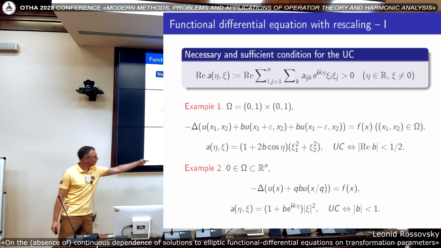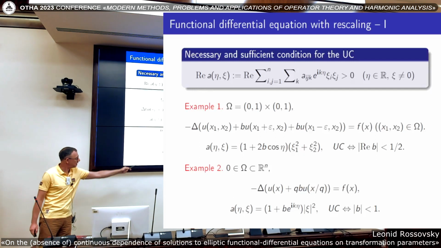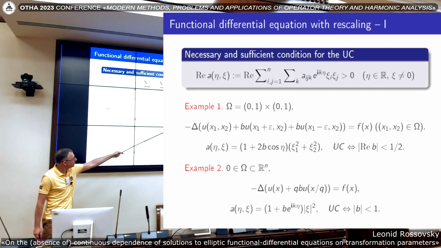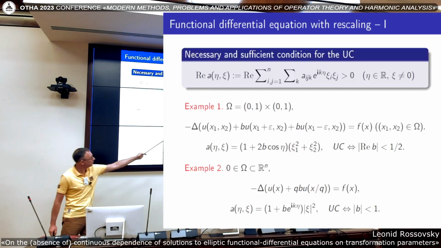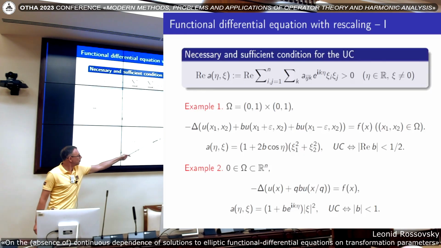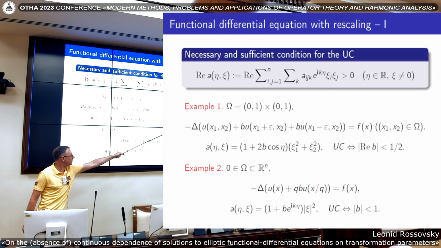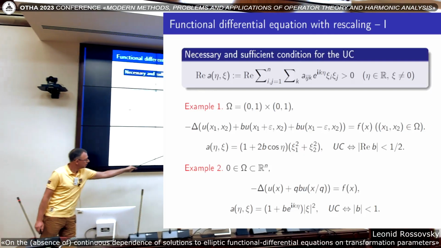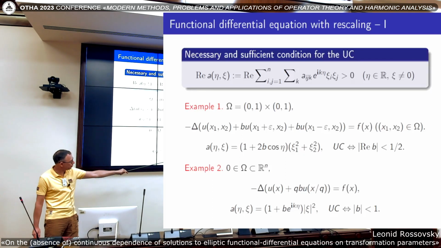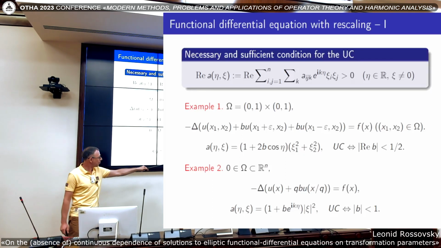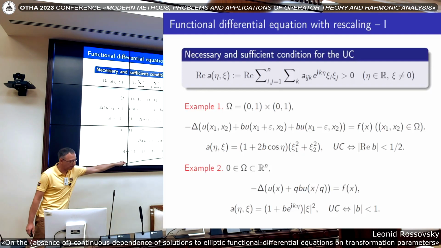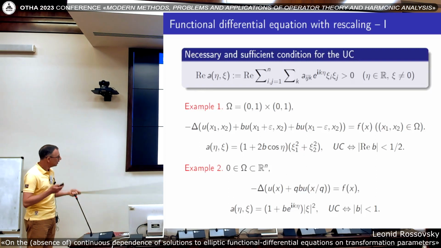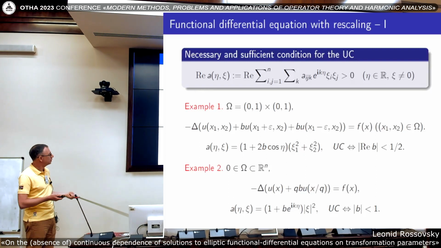Here are two simple examples. What we can see is that uniform coercivity for this equation means that the modulus of the real part of B is less than 1/2. And for this equation, the uniform coercivity is equivalent to the absolute value of B less than 1. So it can be written in an explicit way.